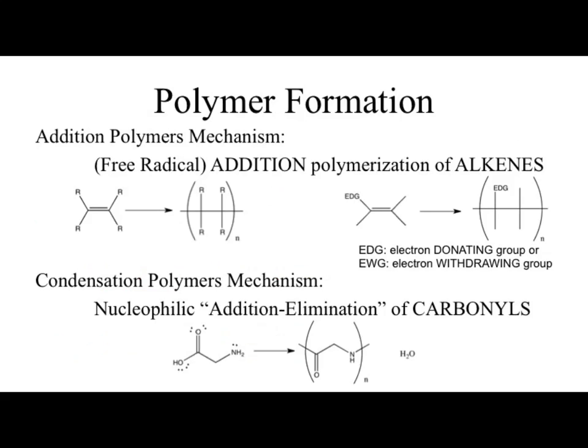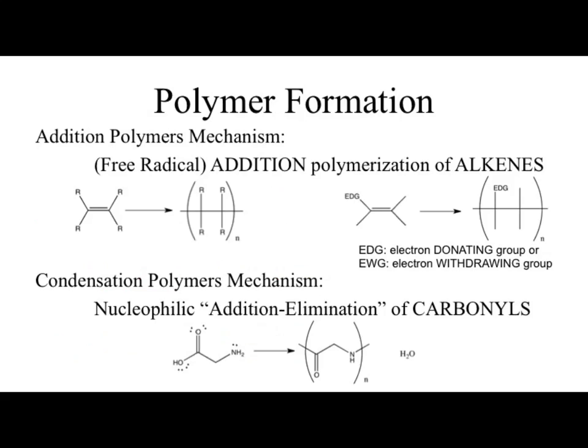The net result, though, if we start with that pi bond and we now turn it into two radicals that can then grow, what happened to the pi bond? Disappears. It's no longer in the structure. So if you have an addition polymer, your monomer is usually starting with a pi bond, so you're looking for some kind of alkene.